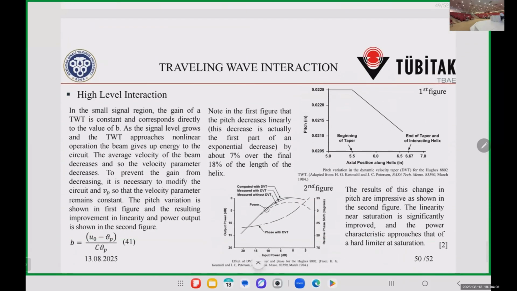Some studies are taken here: dynamic velocity taper at the end of the slow wave structure. The pitch of the helix is dynamically tapered at the end of the slow wave structure. By doing this, improvement of the efficiency of the TWT can be obtained here.